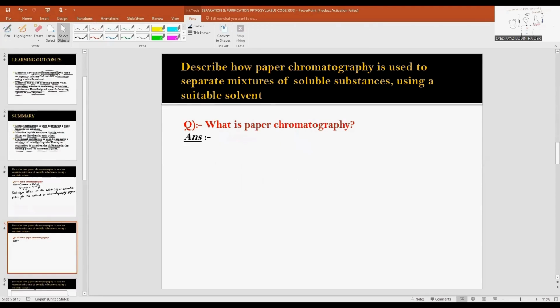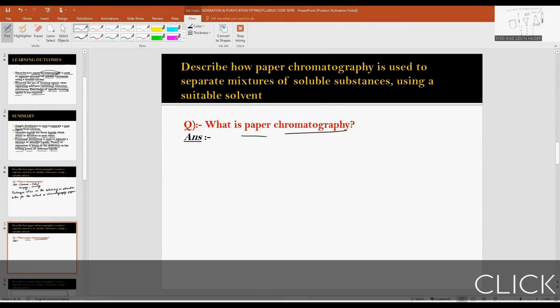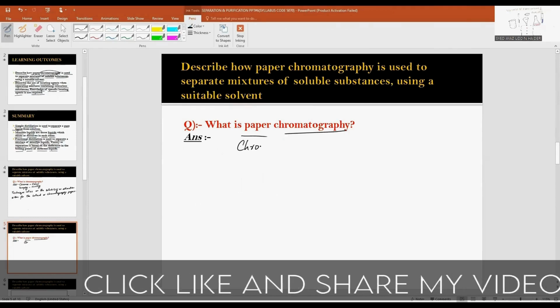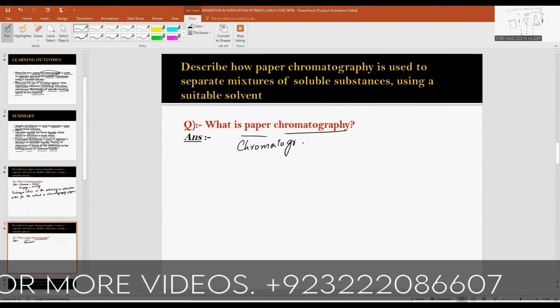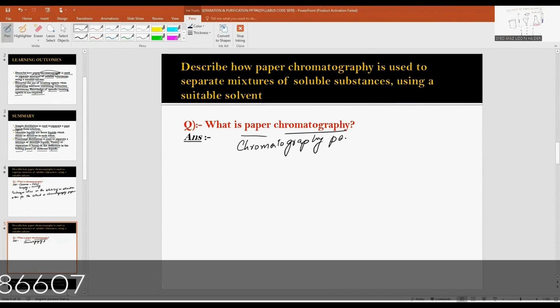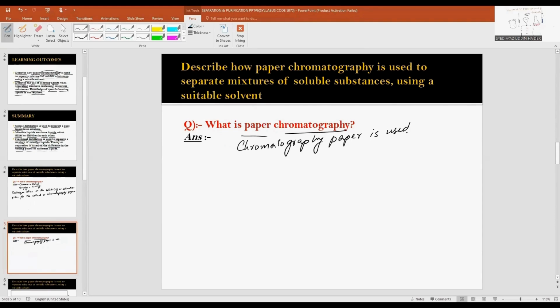What is paper chromatography? Here chromatography paper is used. Dye is introduced from the bottom of the paper.